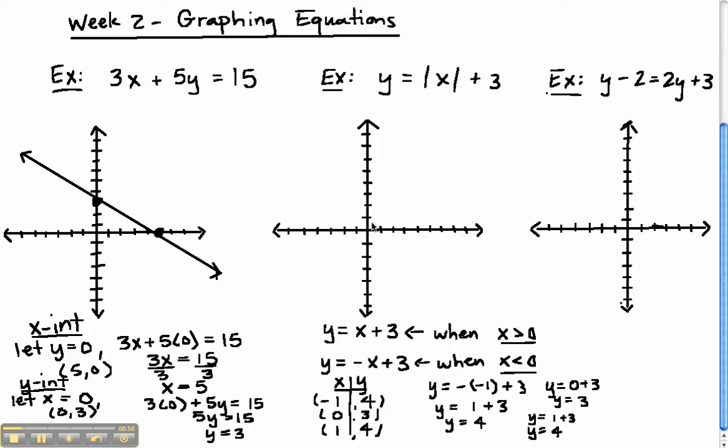And when we plot these, let's see what happens. Starting from the origin, we go to the left 1 and up 4. For 0, 3, start at 0 and go up 3. And then for 1, 4, we go to the right 1 and up 4.